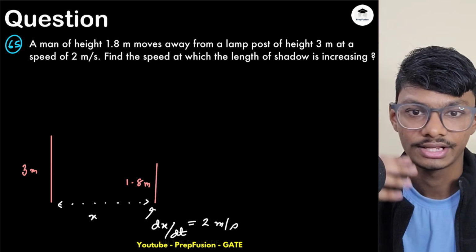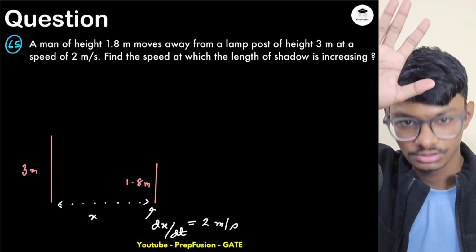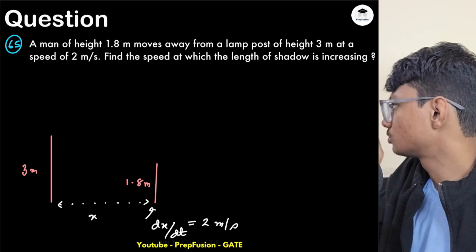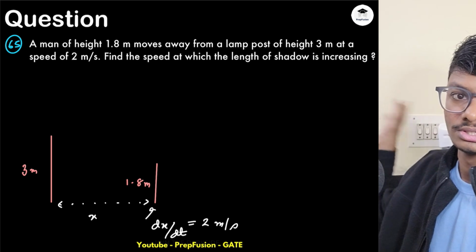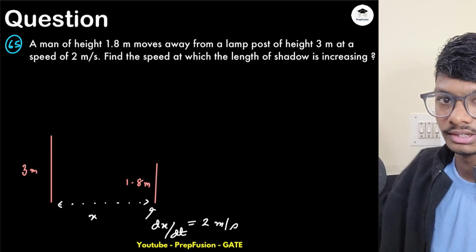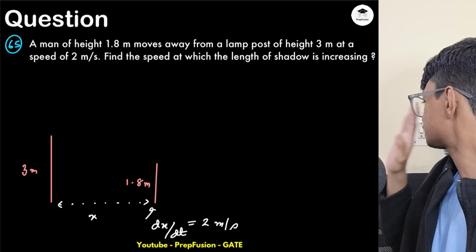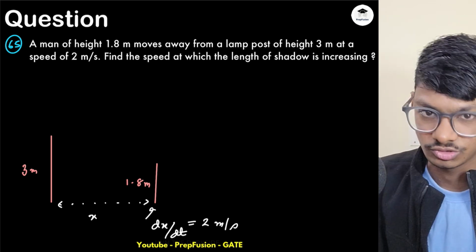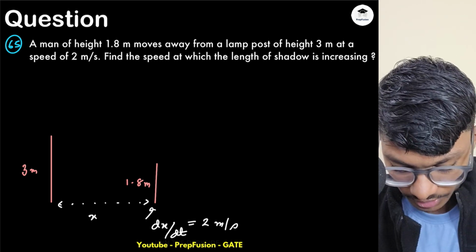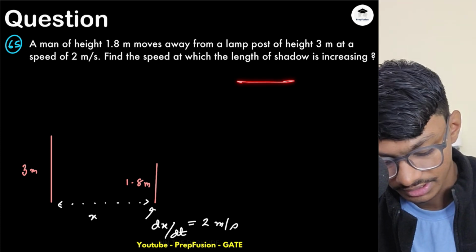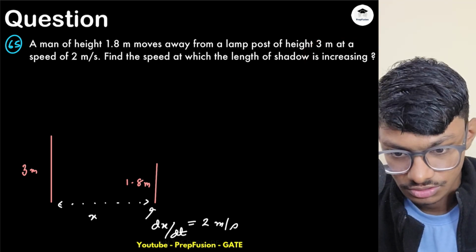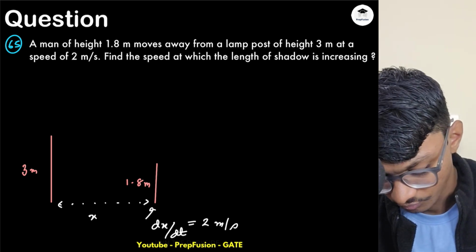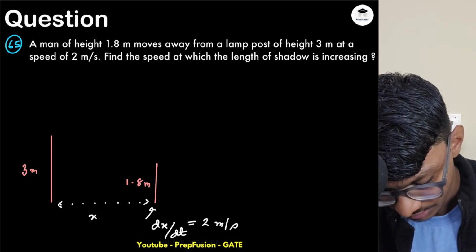If you stand in front of the light, the shadow falls behind, and if I walk like this, the shadows will again be behind me. So they are asking at what rate the length of the shadow is increasing. Here, the shadow will fall around here.